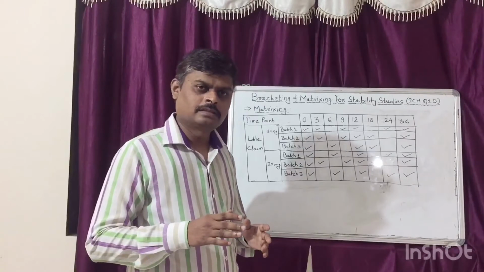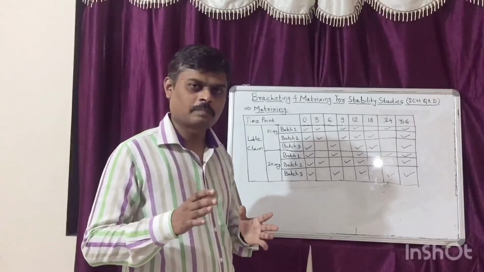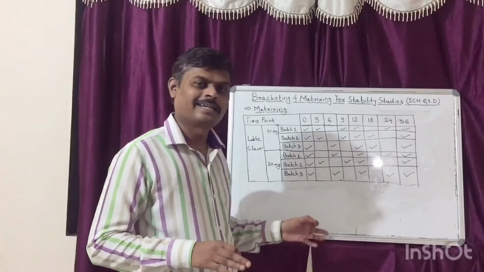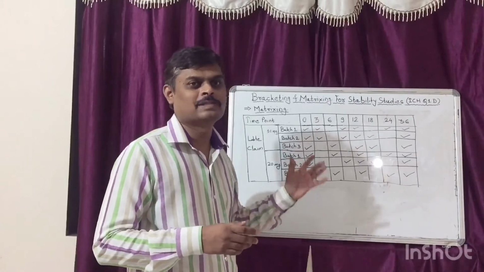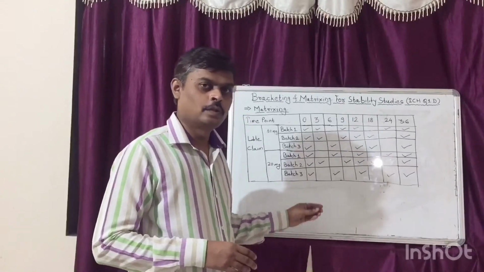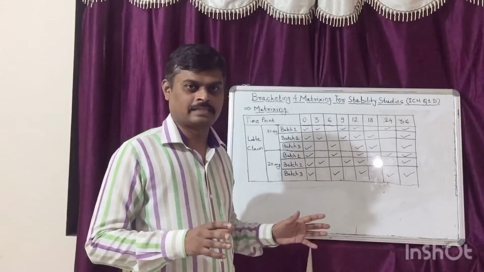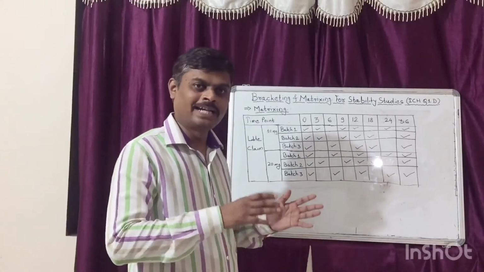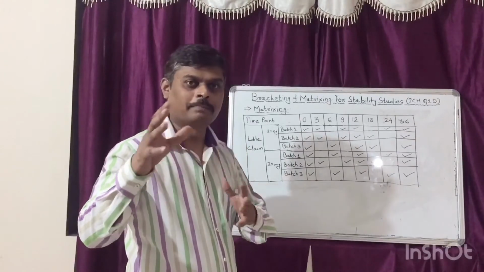So when can we apply bracketing and matrixing? In case of API, there is very little scope for bracketing and matrixing. Bracketing would not be at all applicable in case of API. However, bracketing and matrixing would be considered logical when multiple strengths, for example, capsules of multiple strengths, are filled from a common blend.